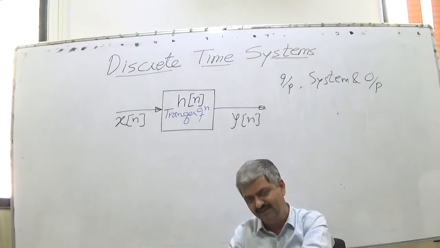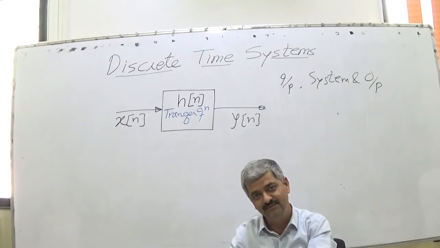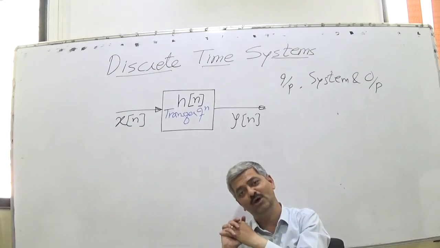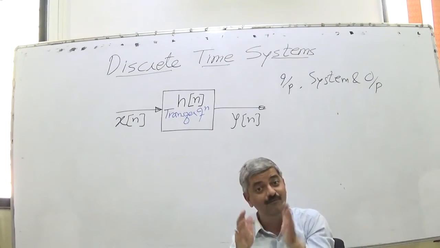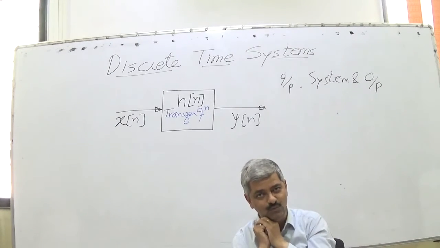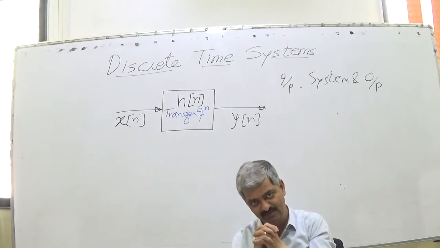The discussion issues which were there 4 decades back when digital was being implemented: number one, if I don't have a good quality ADC, what is the effect of finite word length and what is the effect of poor sampling?